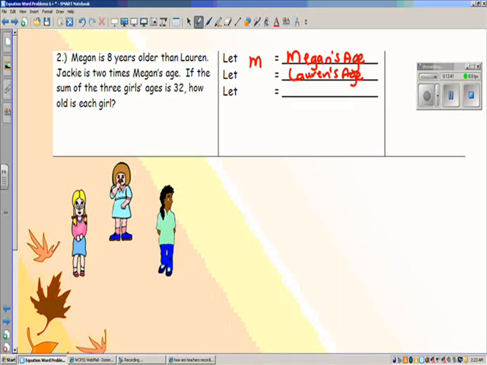Okay, I could take Megan's age and subtract 8 from it to get Lauren's age. Remember that Megan is 8 years older than Lauren. So if I need Lauren's age, that means I would take Megan's age and subtract 8 from it.